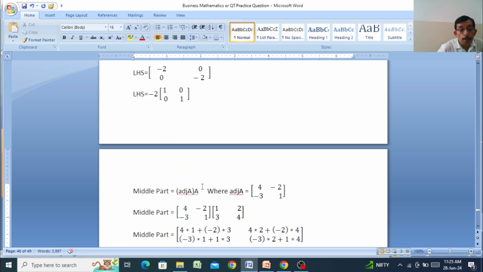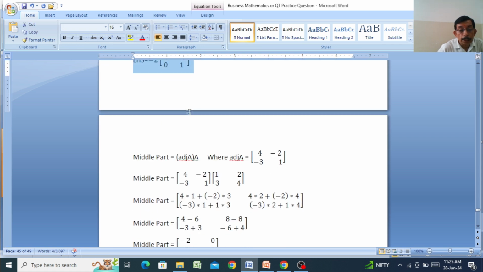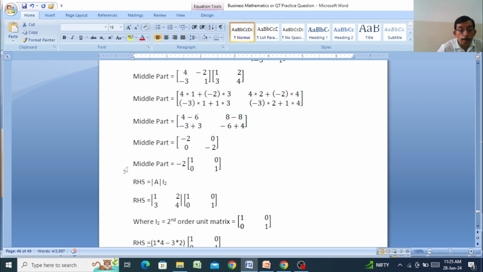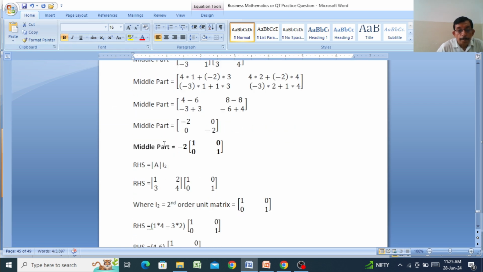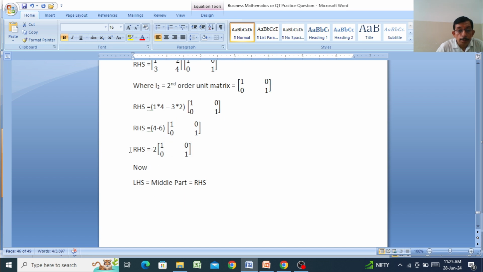The value of the LHS is minus 2 multiplied by the unit matrix. The middle part is also minus 2 multiplied by the identity matrix. And the RHS value is also minus 2 multiplied by the identity matrix. All of them are equal.